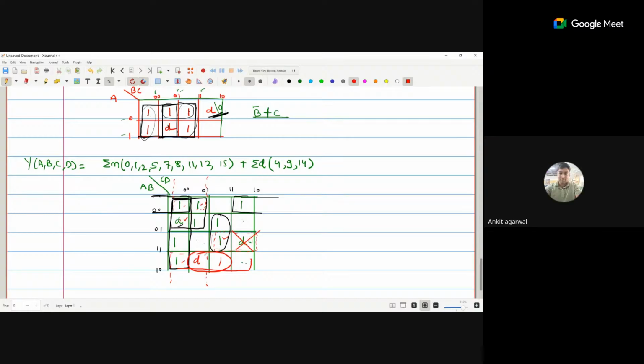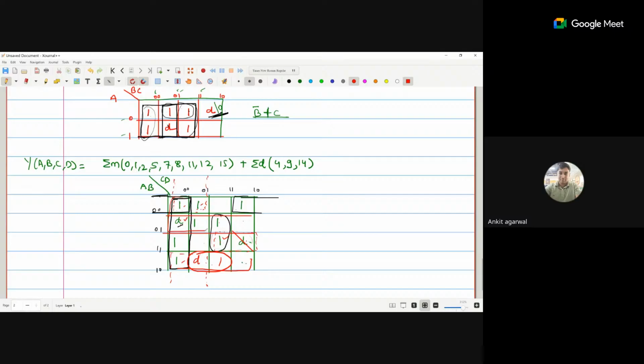Similarly, you can use this third group, the D group, also. So we are creating this group and this group, and this D is also considerable. But in this scenario, the one, two, three ones will be considered in three different groups, so basically they create three min terms. So what we do is use two min terms.